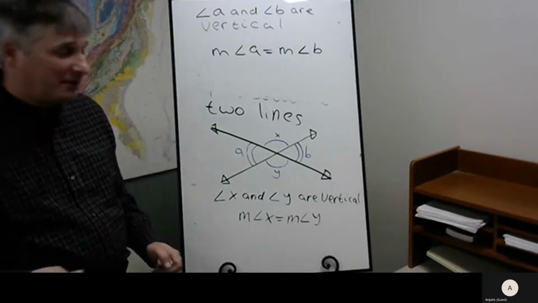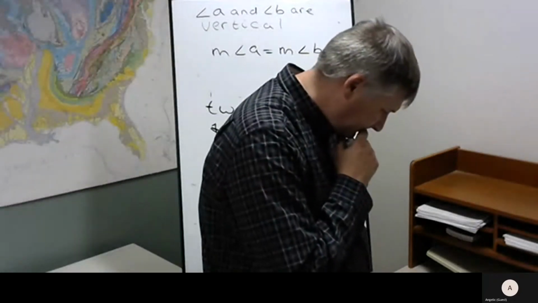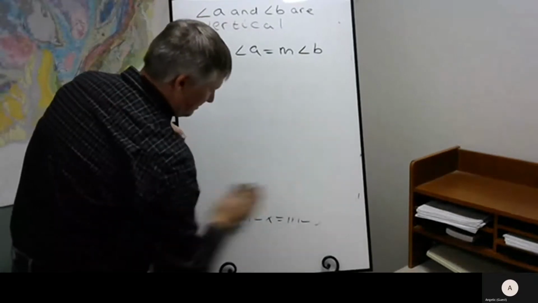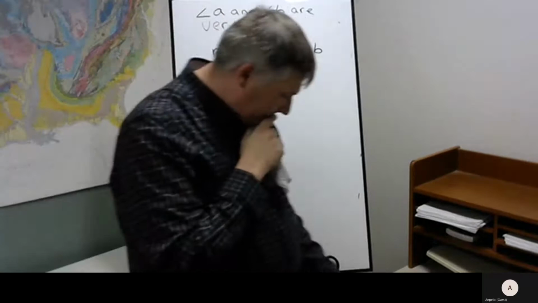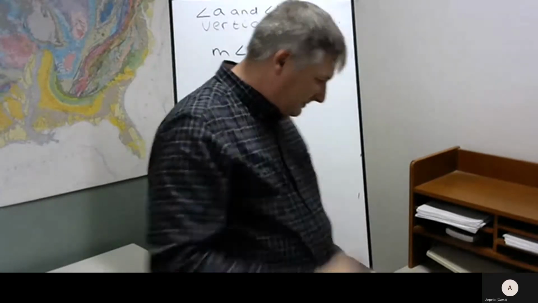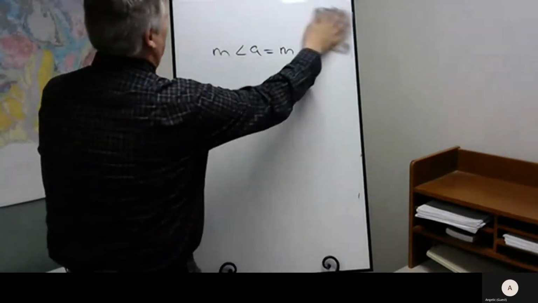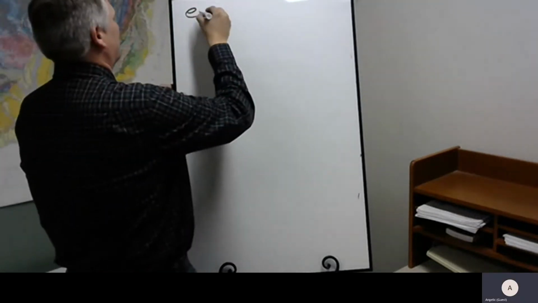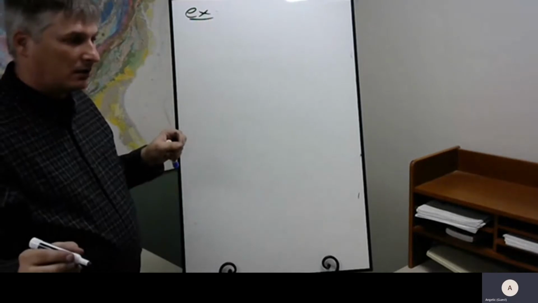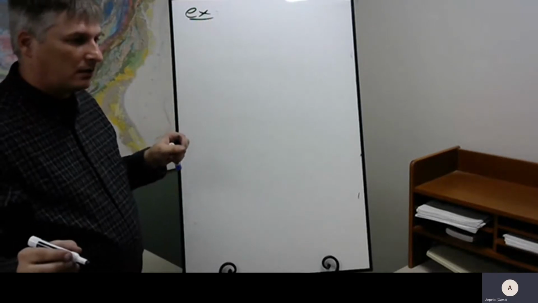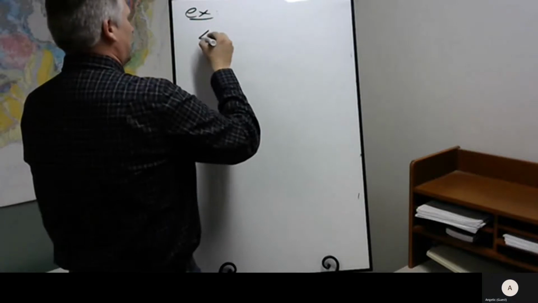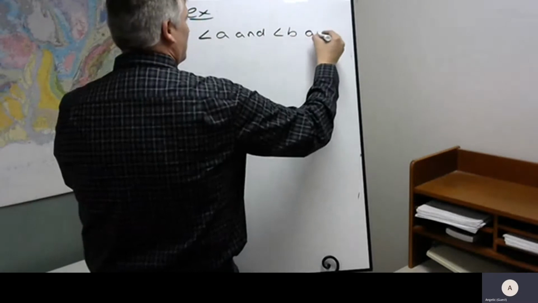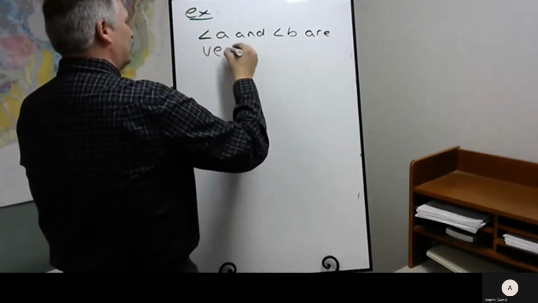So let me do an example of these. Let's see. Sorry, it was angle A and angle B are vertical.